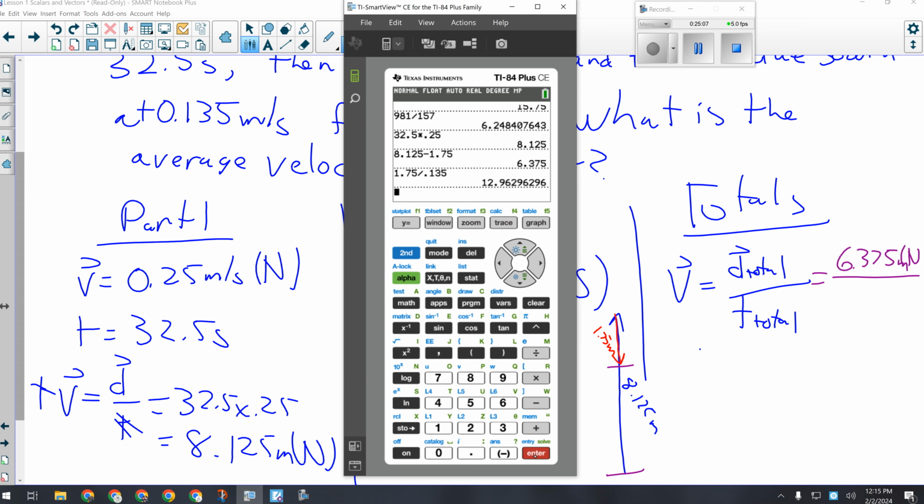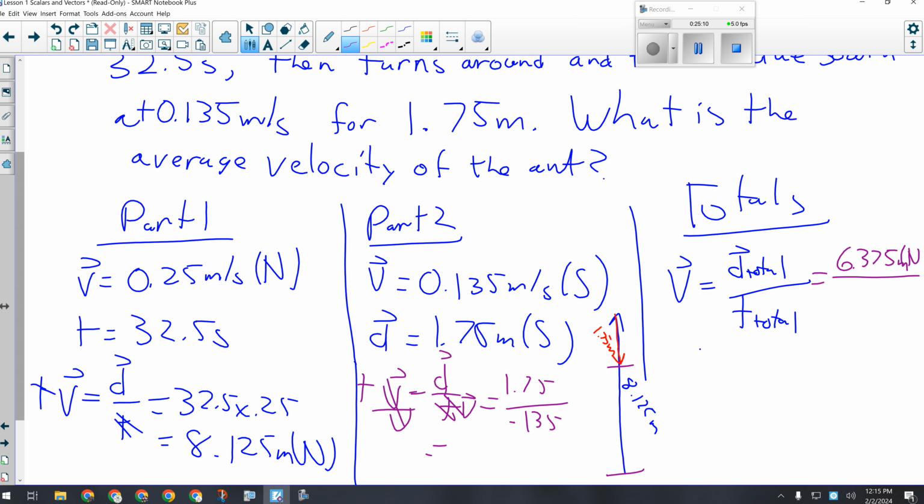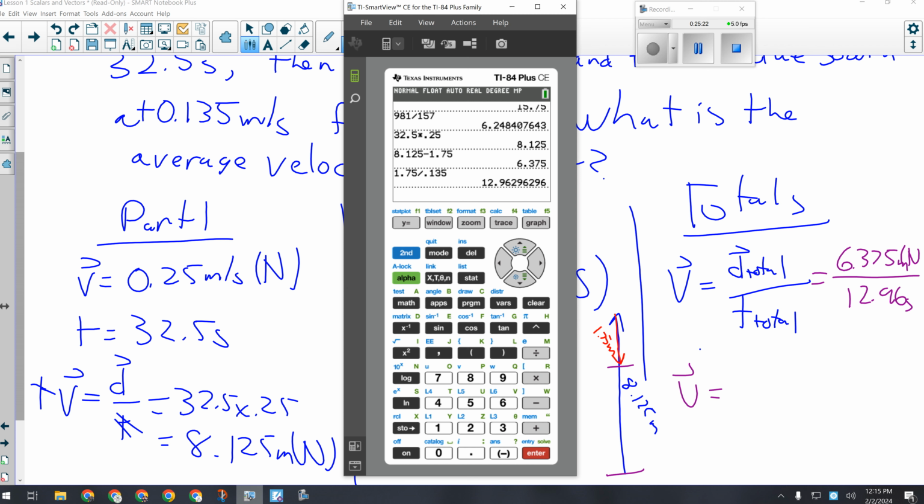All right, so that part takes 12.96 seconds, which then I can put here. All right, and then I just have to put those into the calculator, and I will have my average velocity.